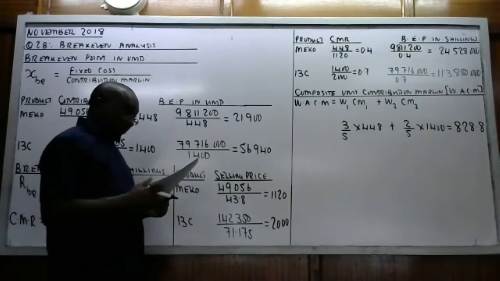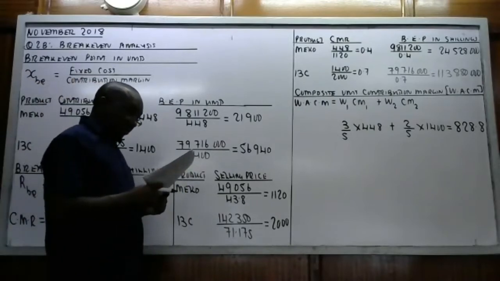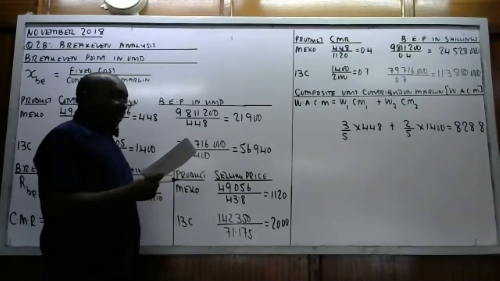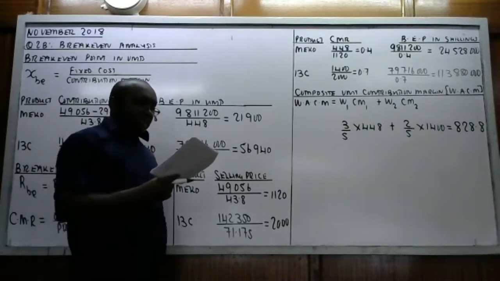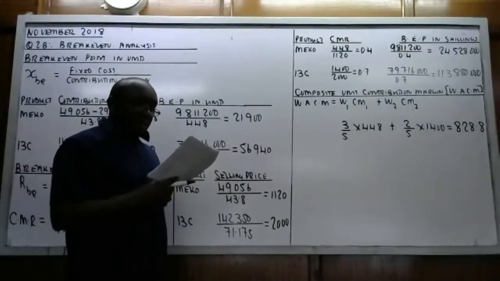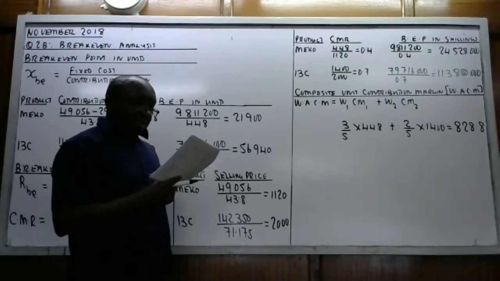Determine the break-even sales in shillings, assuming that MECO and 13C are normally purchased in the ratio of 1:1.